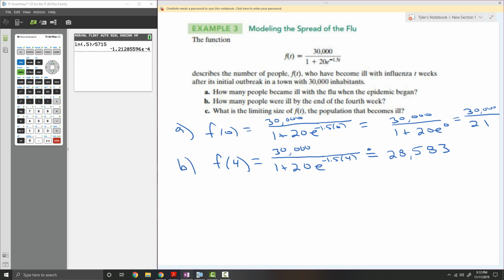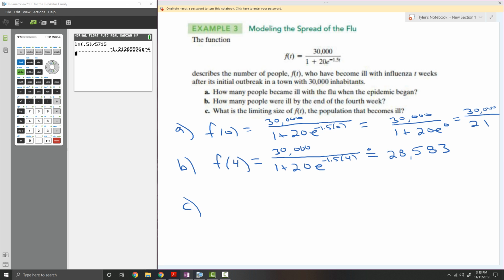Then part C says, what is the limiting size of f of t, the population that becomes ill? A couple of ways to think about this. If we think of a city with 30,000 people and ask how many of those people can become ill, what's the limiting size?